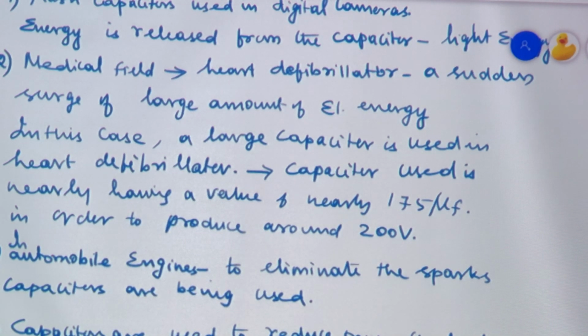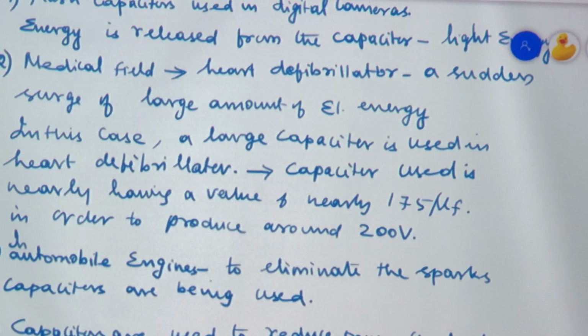That heart defibrillator can produce a sudden surge of a large amount of electrical energy. This sudden surge is given out from the large capacitor available in the heart defibrillator. The capacitor used in the device has a large value, in the order of 175 microfarad, which can produce a voltage of around 200 volts.